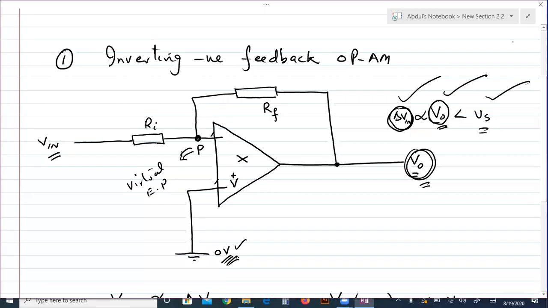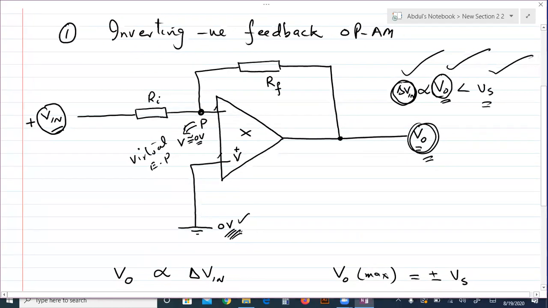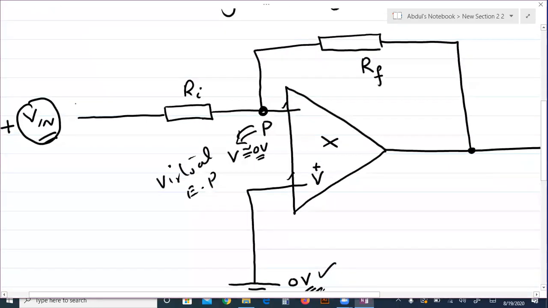Now suppose this input voltage is positive in polarity and the voltage at P is close to 0, approximately 0. Then look at this resistor, one side high potential and the other side low potential.